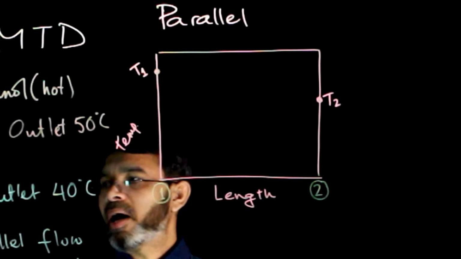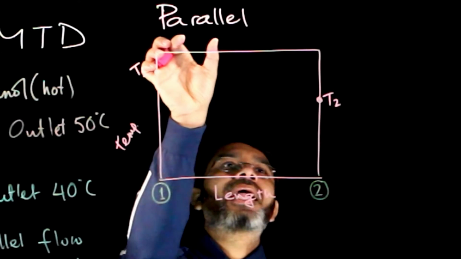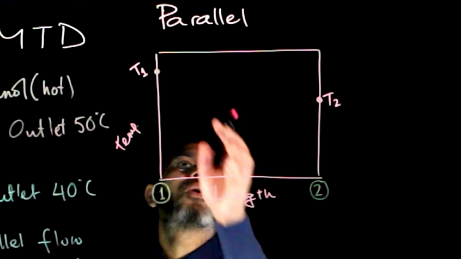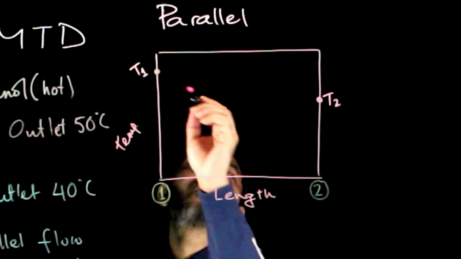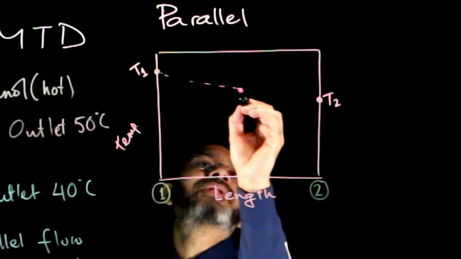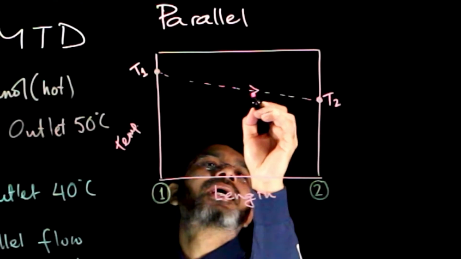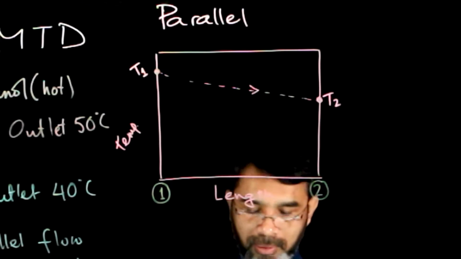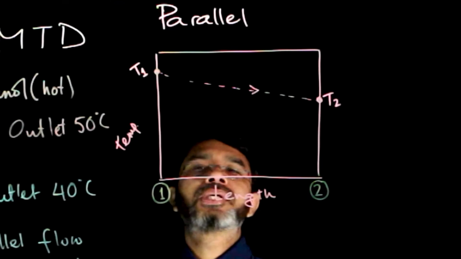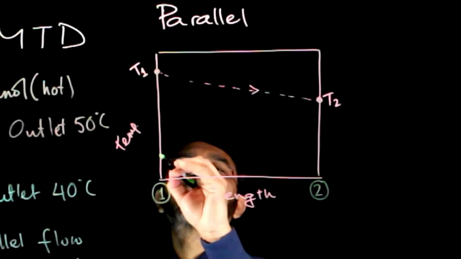Now for the cold stream, we're considering a parallel flow. We don't know what the temperature profile is in between. However, we'll simply assume that it's something like this, just to indicate the direction of the fluid flow. To have a parallel flow, the cold stream should also come in at this end.